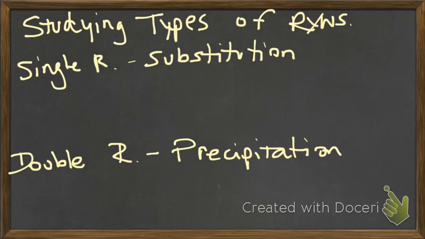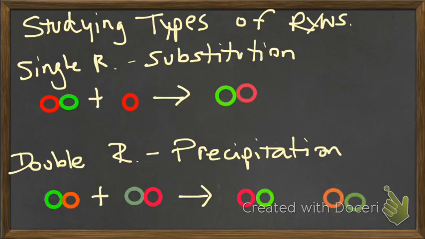And of course, single replacement, you're going to have two compounds. I paused it while I did all of the drawings so that you didn't have to watch me drawing. So on single replacement, you have a positive and a negative ion. And then you have either a positive or negative ion that is single, that is by itself, thus the name single.